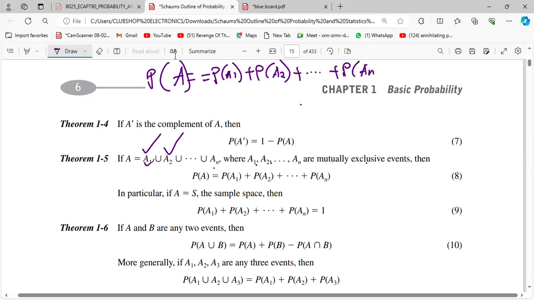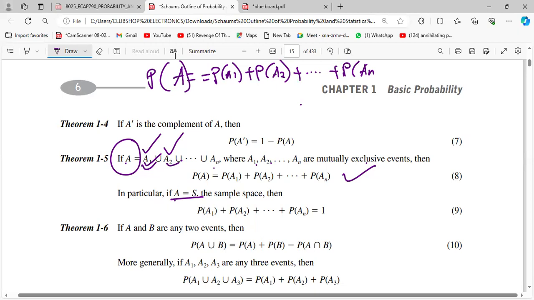If these are mutually exclusive events, because this A may be a bigger set, then there are these others. So in particular, if A is equal to S, that is the sample space, then when you add the probability of all the events inside, you must get 1.